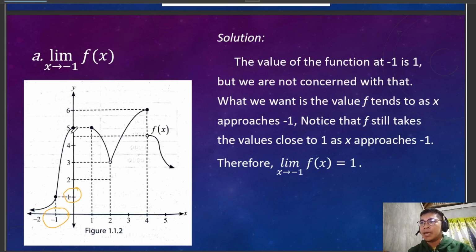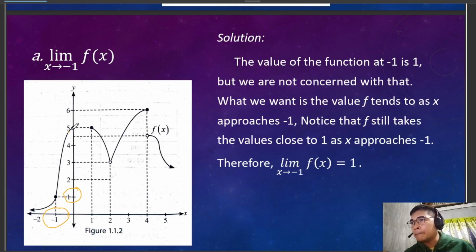So x is moving toward -1. We are not concerned that the value of the function at -1 is 1. Notice that f still takes values close to 1 as x approaches -1.